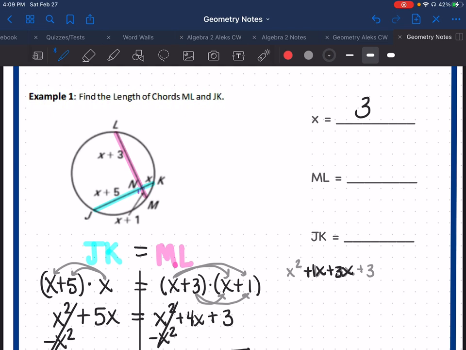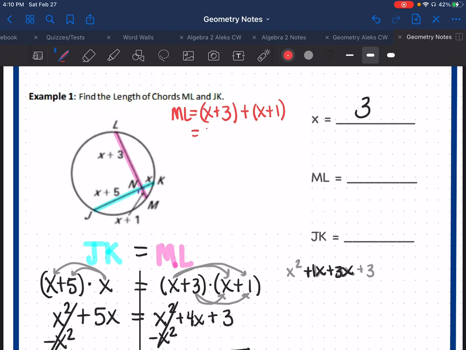Substitute it back in. To find ML, I need to be careful, so let's put it up here. ML is x plus 3 plus x plus 1.